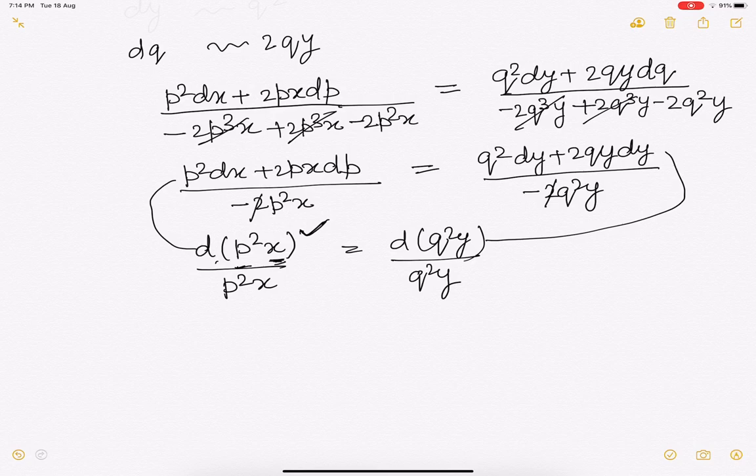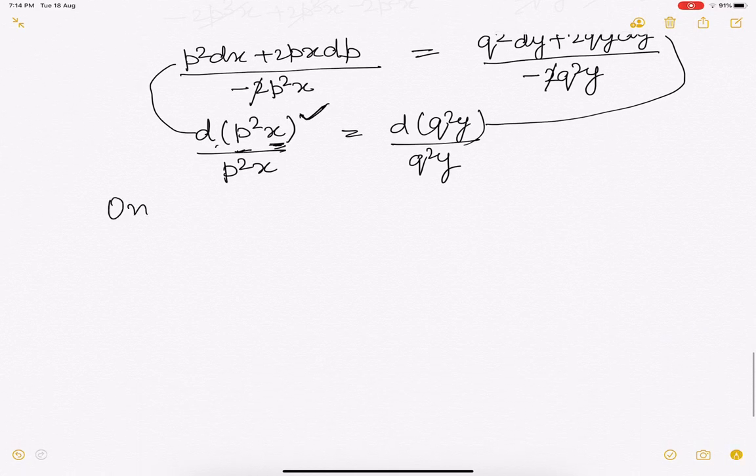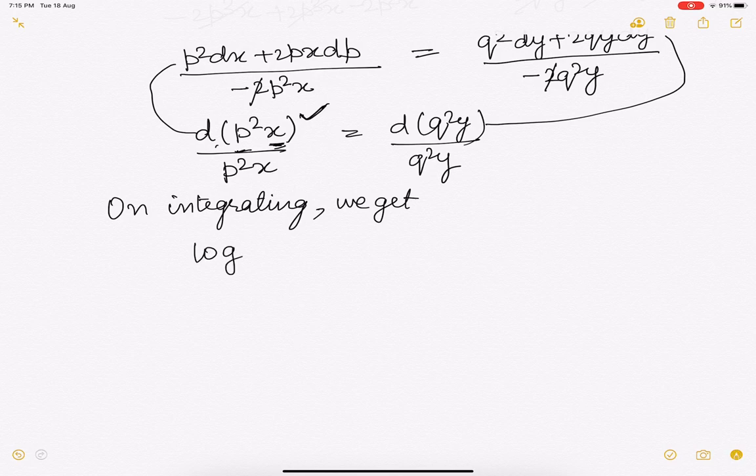So on integrating, we get log of p square x is equal to log of q square y plus log of a.